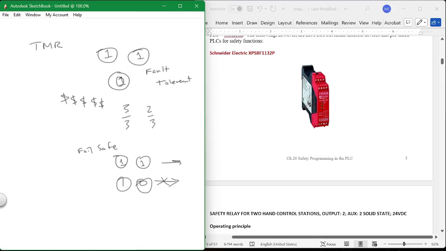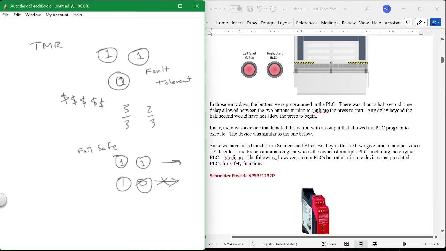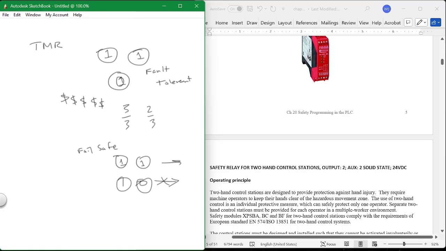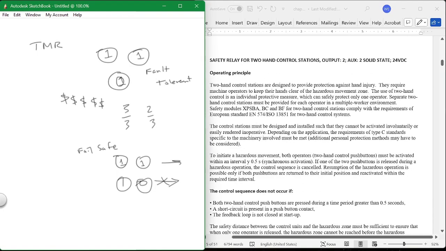So there's a safety function that went from being able to be programmed in a PLC to not being able to be programmed in a PLC, but in a specialty card, and then now finally being moved back into the PLC as a safety PLC. Okay. Anybody have any questions about that?